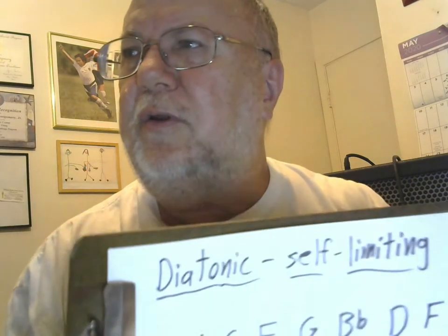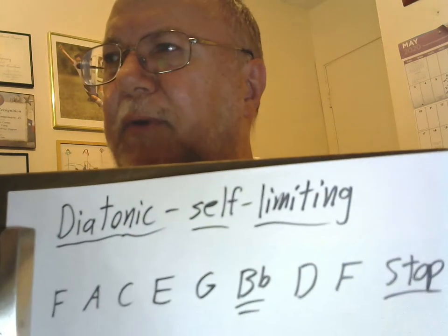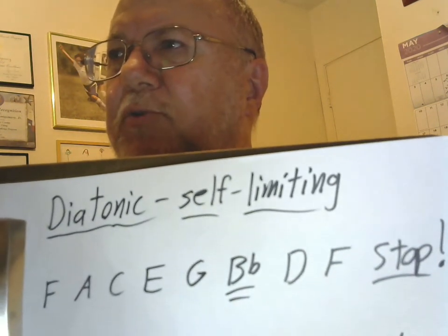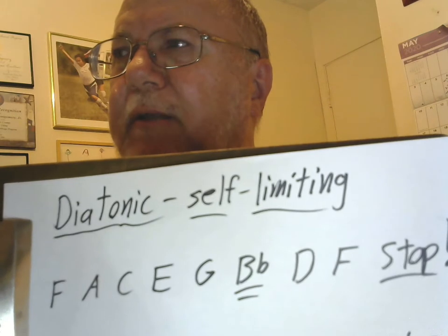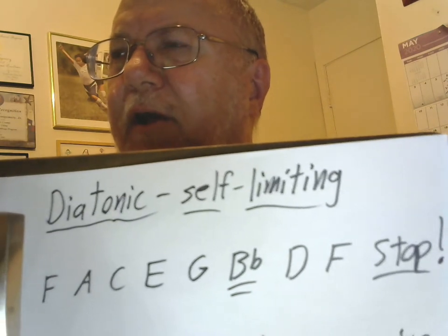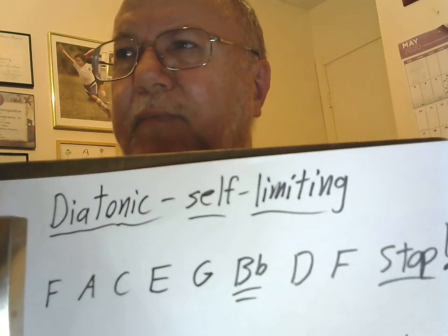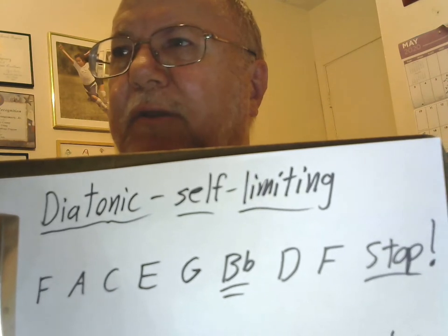Okay, so if you're looking at, say, for example, F major scale, and we've arpeggiated it, the diatonic system is self-limiting. It's sort of contained within itself.